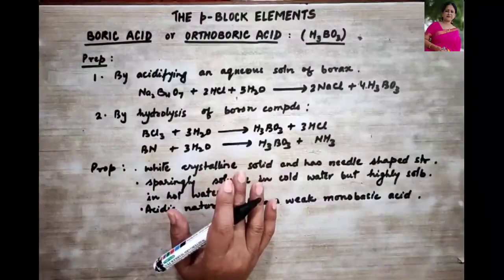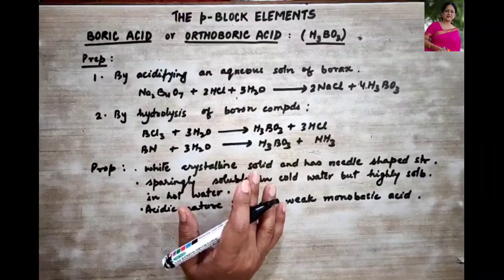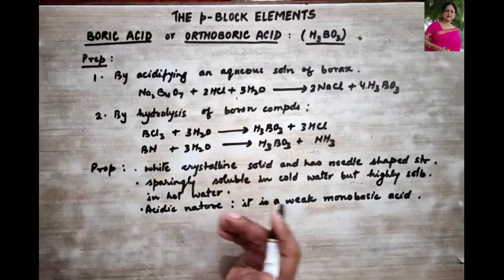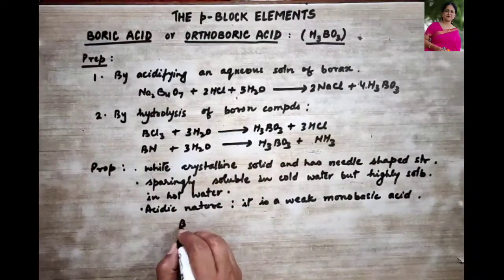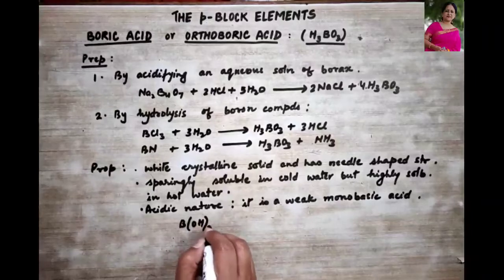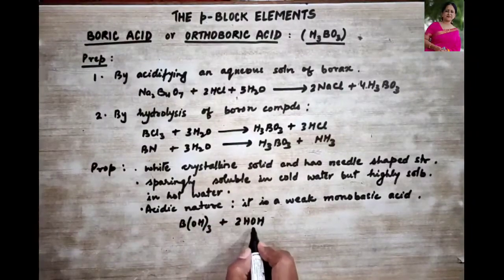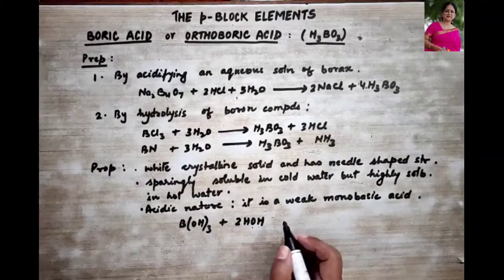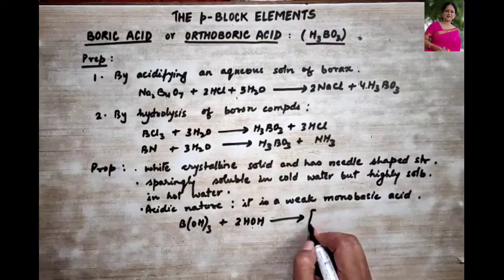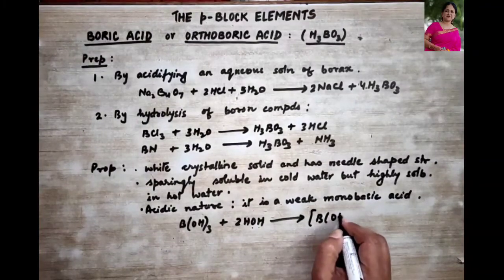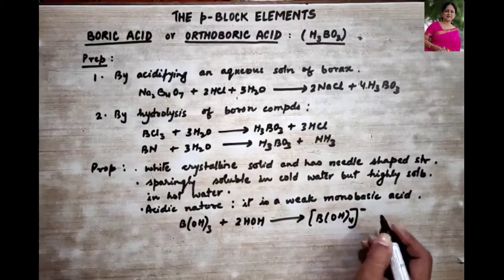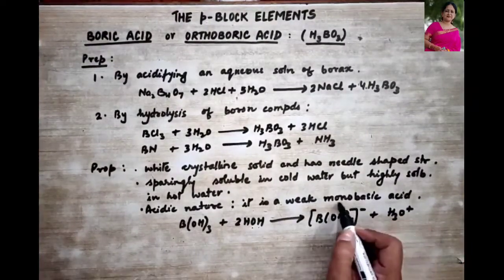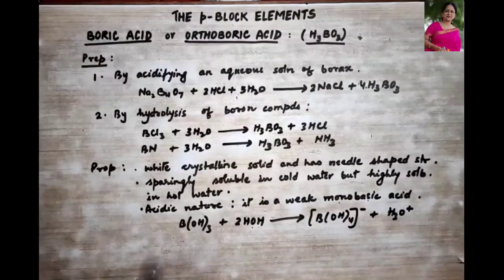It accepts a pair of electrons from water, or you may say it accepts the hydroxyl ion, and acts as a Lewis acid. So we can see the reaction. It will accept the hydroxyl ion of water and act as a Lewis acid, giving B(OH)4 minus plus a hydronium ion. Since only one hydronium ion is given out, it is a monobasic acid.